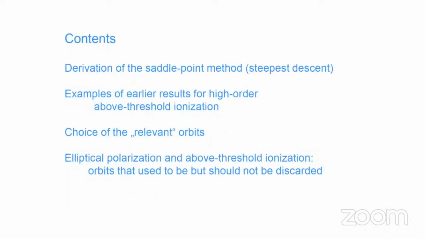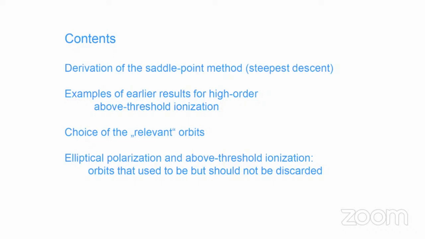Okay, so what I want to talk about is first the derivation of the saddle point method, and then examples of earlier results that have been obtained with it. That's the introduction, and it became longer and longer because there are many results that I really like a lot.